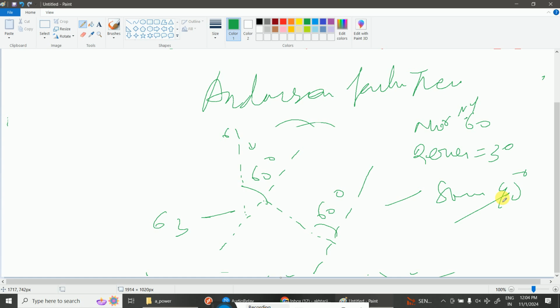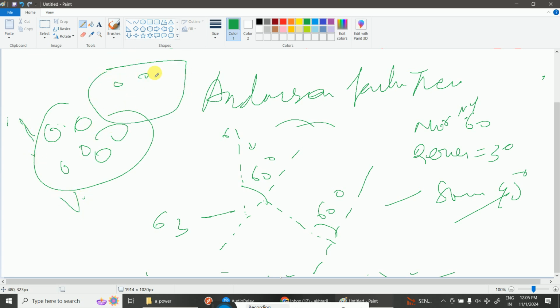So come to the things when we are talking about this type of foliation. So what is foliation? This is your grain size in a rock. When some stress has been applied and the grains are aligned in a direction, then you can say that this is the foliation.